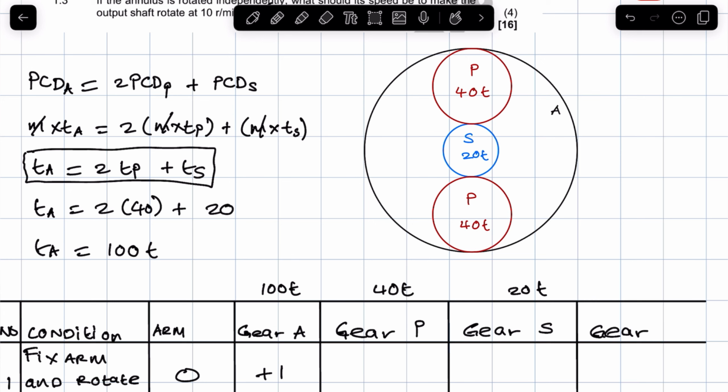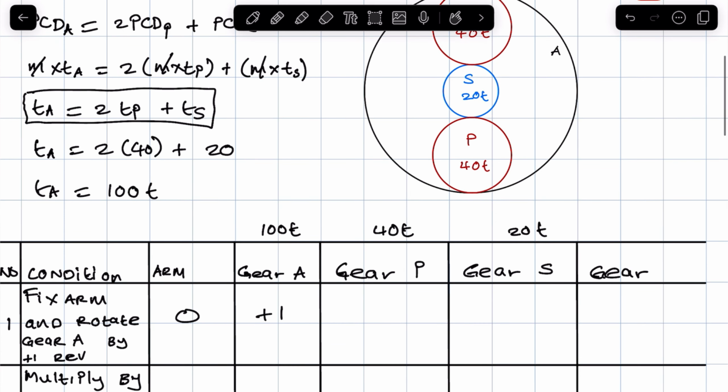Now, if you're looking at an annulus and the annulus has inside teeth, whichever gear that meshes with the annulus tends to go in the same direction as the annulus, but only if the annulus is using its internal teeth. So for a gear that meshes with the annulus using its internal teeth, that gear tends to go in the same direction as the annulus, or vice versa.